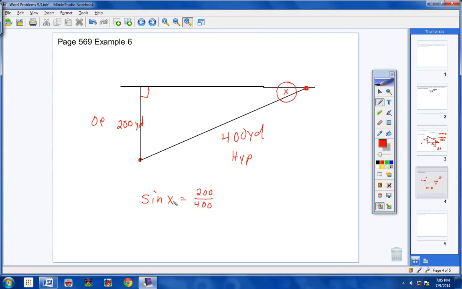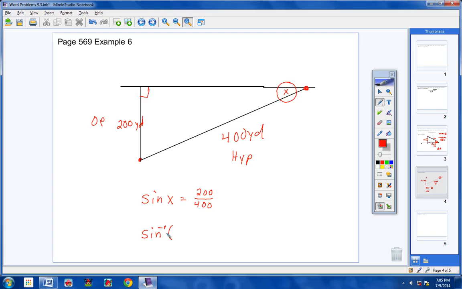And now, students, we have learned whenever you're missing the angle and you're looking for the angle, you type in the inverse sine button, and when you do, this should pop up on your screen, okay? And we are in degrees. And then you type in 200 divided by 400, or you could type in 1/2 if you wanted to, because when you reduce 200 over 400, you get 1/2.